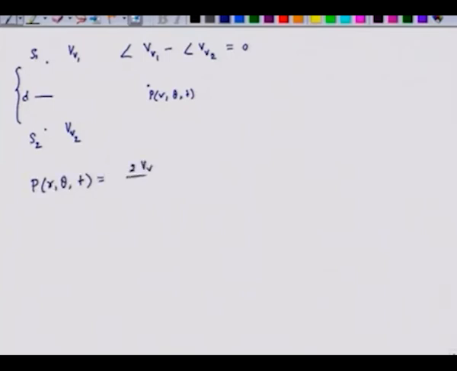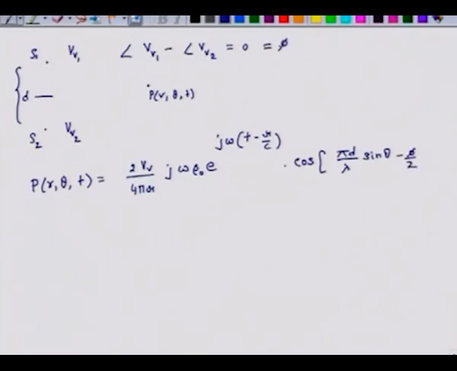2 V over 4 pi r j omega rho naught e to the j omega t minus r over c, times cosine of pi d over lambda times sin theta minus phi by 2, where phi is the phase difference between the volume velocity of these two sound sources.